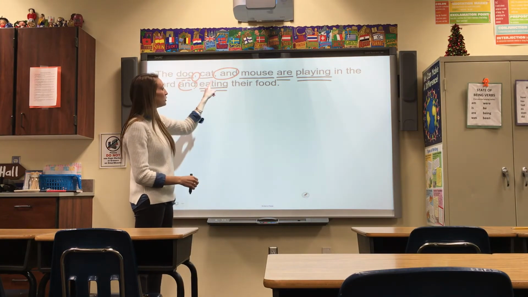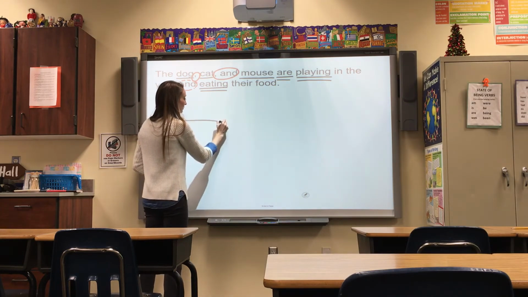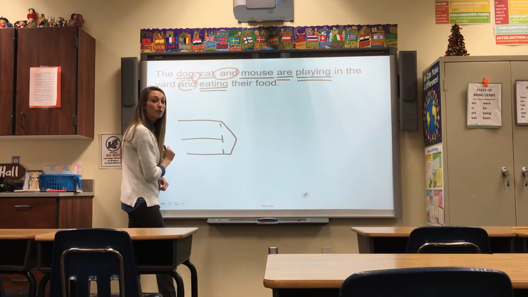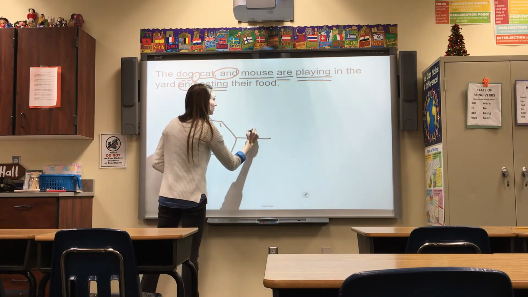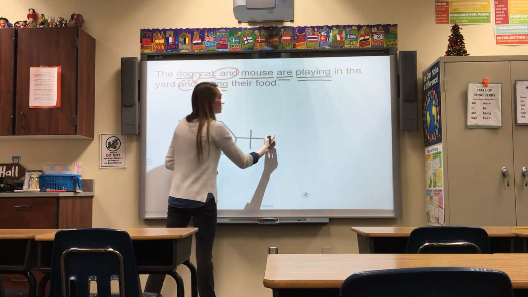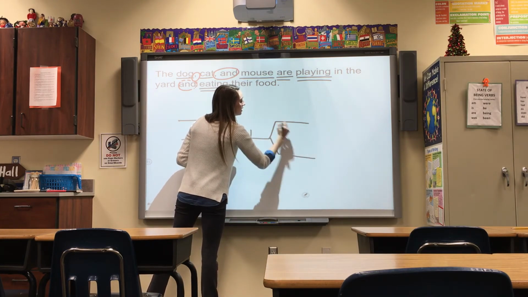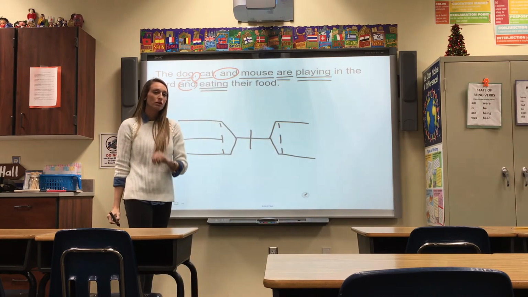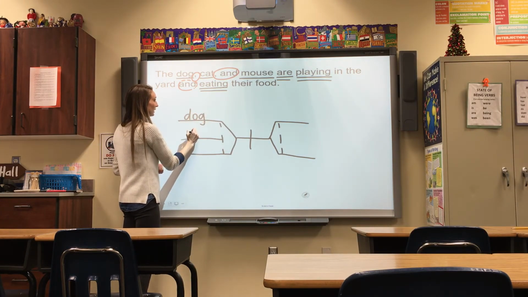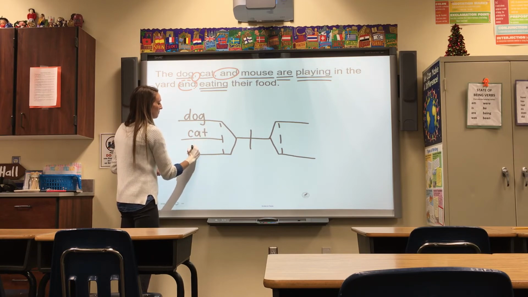So I have 1, 2, 3 subjects. So I've drawn a rocket with 3 lines. I have 2 verbs, playing, eating. So my rocket on this side has 2 lines. Dog, cat, mouse.